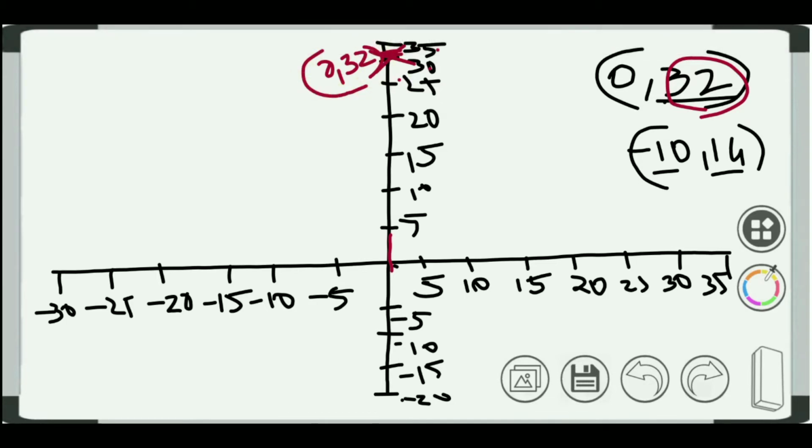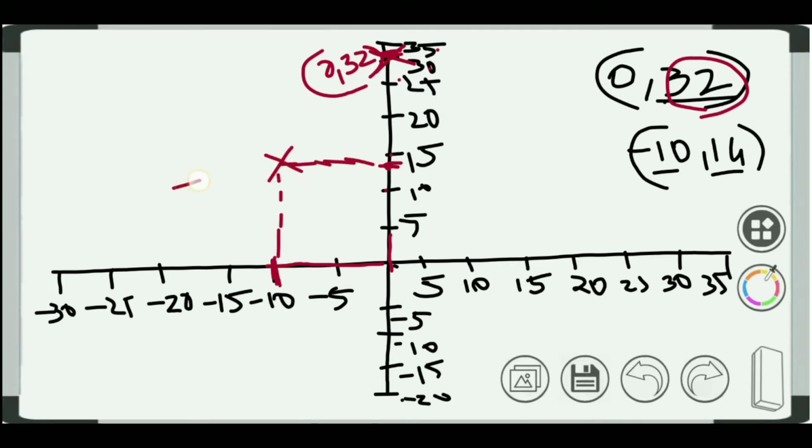Now the second point, minus 10, 14. Minus 10 is in x-axis, so your x coordinate is minus 10. You can take x-axis minus 10, that is here. Y-axis 14 will be somewhat between 10 and 15, so here.